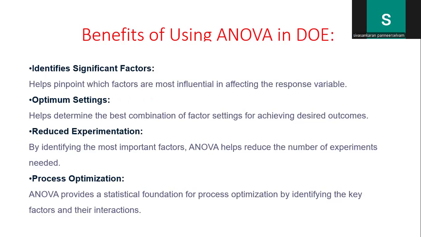And we can reduce the time of experiment by identifying the most important factor. ANOVA helps to reduce the number of experiments needed by fixing the most important factor. Process optimization: ANOVA provides a statistical foundation for process optimization by identifying the key factors and their interactions.